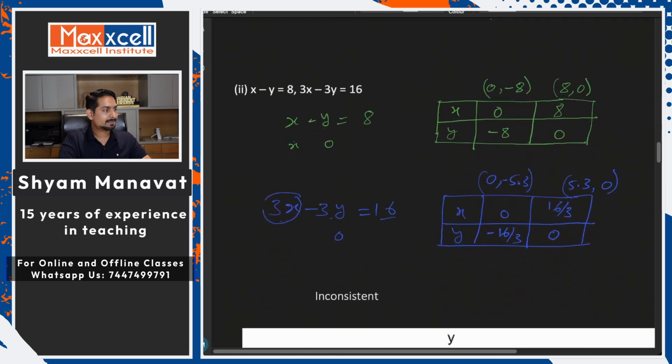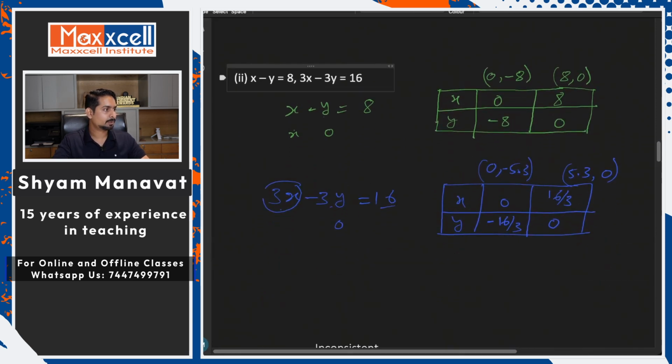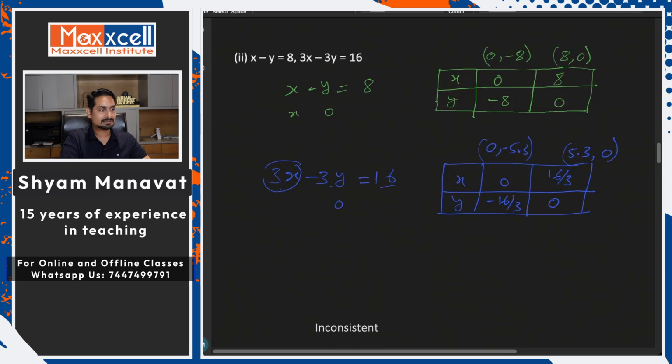Even if you only want to look at the equations without plotting the lines on the graph, and you want to understand whether these lines are inconsistent or not, you can look at the coefficient of x in the first equation and the coefficient of x in the second equation.